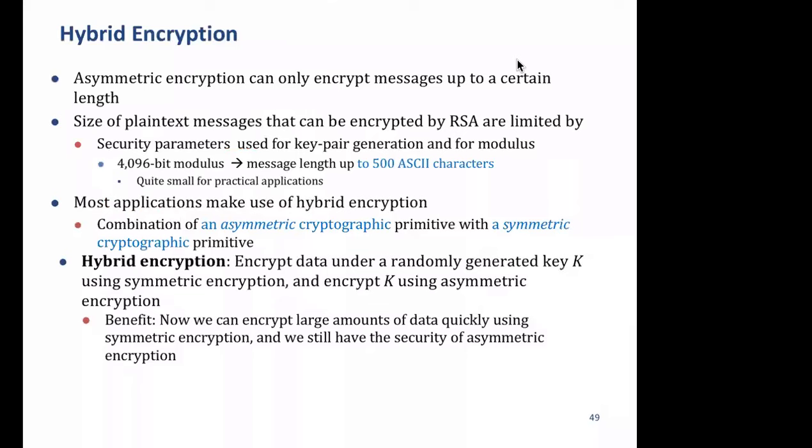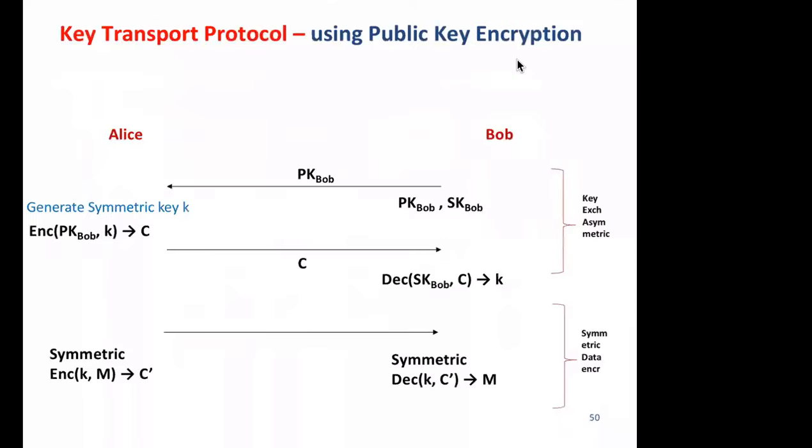So what we can do in just one minute is this. In Diffie-Hellman we directly generated the key, but we can now use RSA to generate a key.